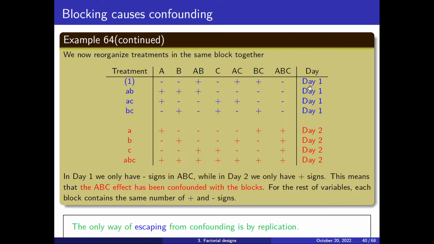It happens like what happened with the fractional factorial designs, that we have been able to analyze the confounding pattern, but are we able to design it? And the answer is yes. The only way of escaping from confounding is by replication.